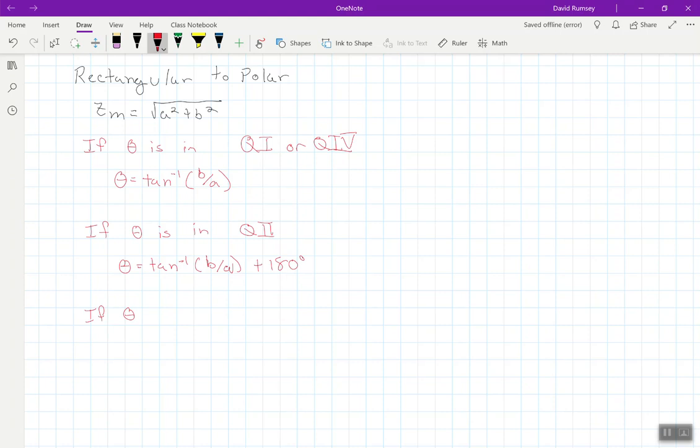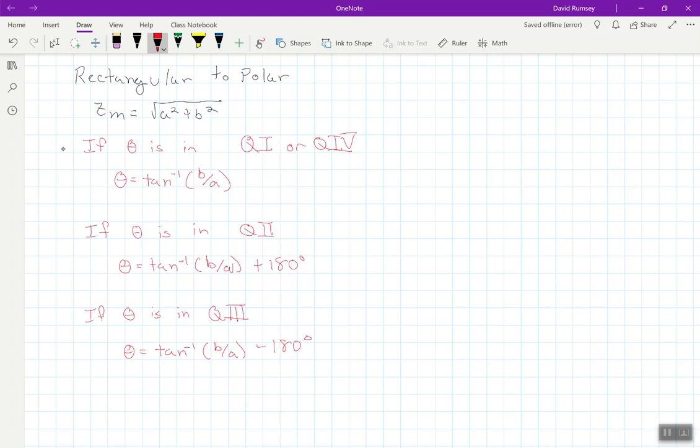If theta is in quadrant 3, theta is equal to the inverse tangent of b over a minus 180 degrees. And you might say, why didn't I do plus 180 degrees there? Technically you could, but we typically like our thetas to be between negative 180 and 180. That's the reason I did the minus 180.